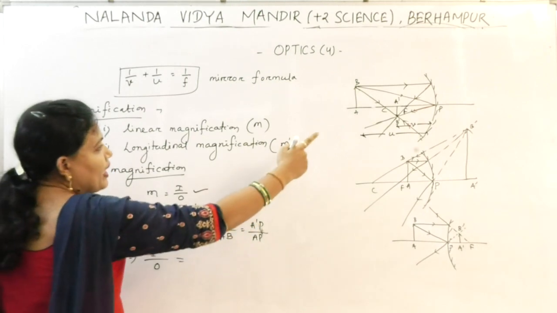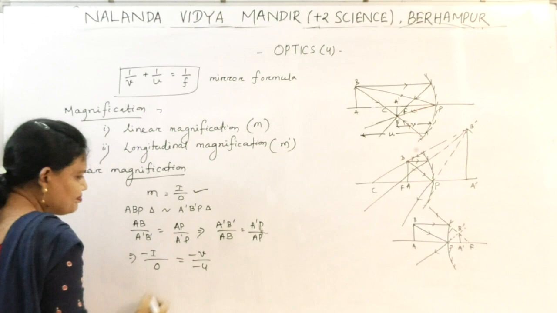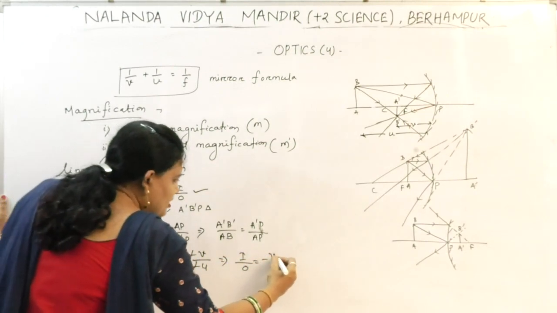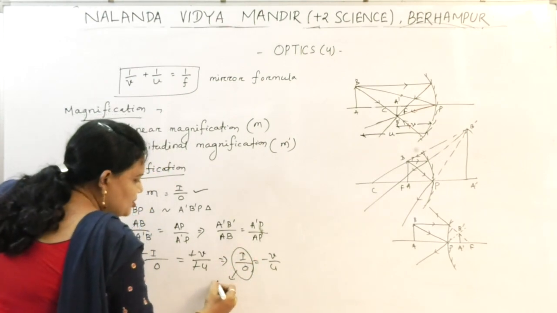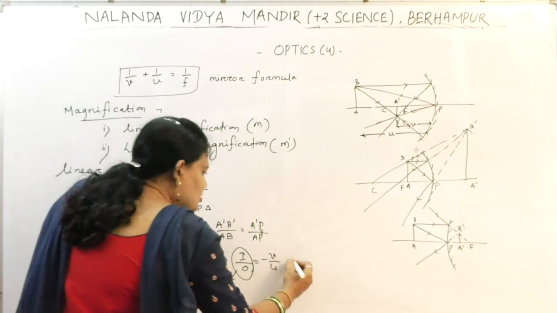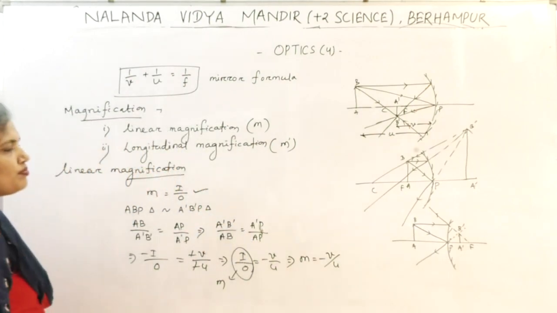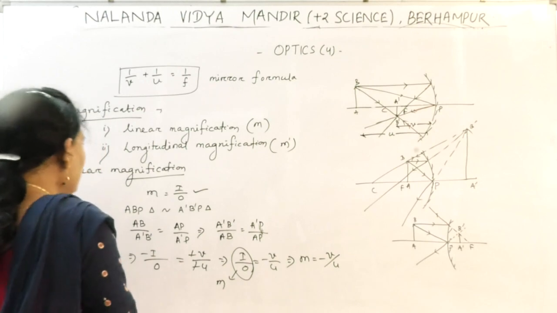So A dash P is minus V, AP is minus U. That implies I by O equal to minus V by U. And what is this I by O? I by O is nothing but your linear magnification. So what we got? M equal to minus V by U, in which case, for the concave mirror producing real image.